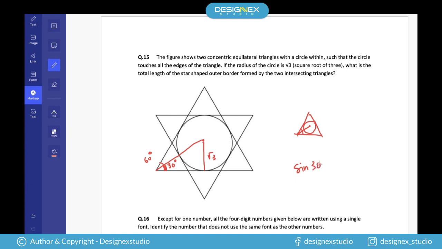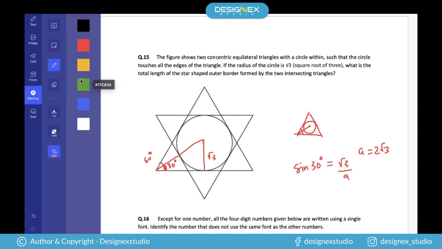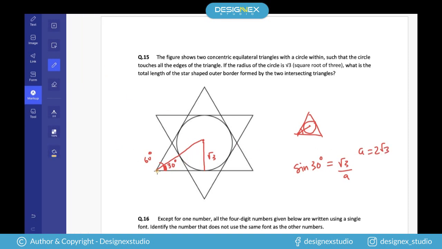Sine 30 degree will be equal to root 3 upon a. So 1 by 2, a would be 2 root 3. So this length is 2 root 3. From here to here, this is 2 root 3. Similarly, this one is 2 root 3.